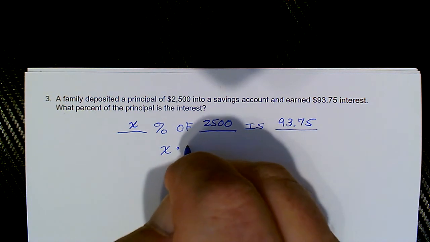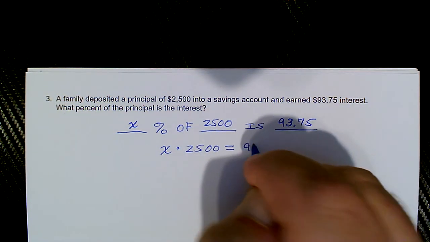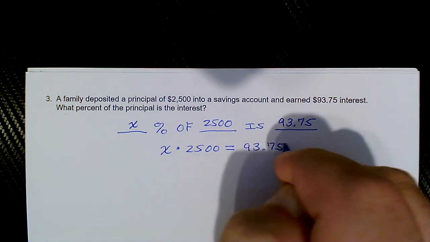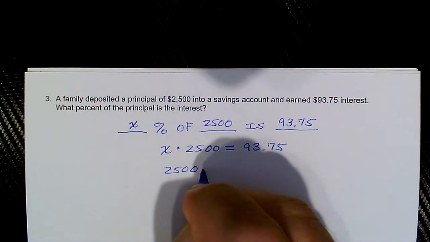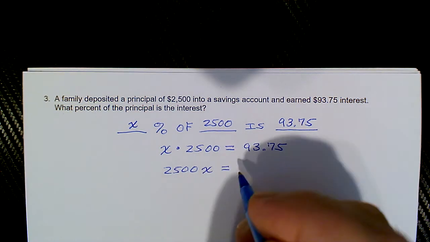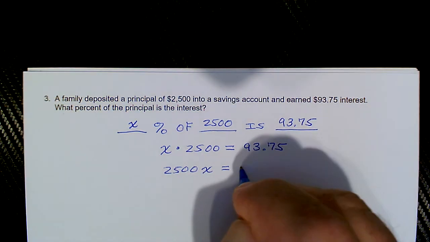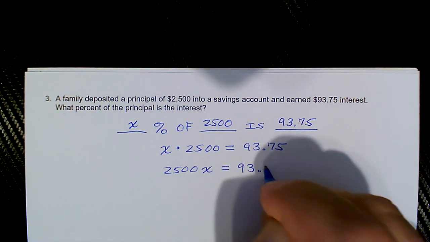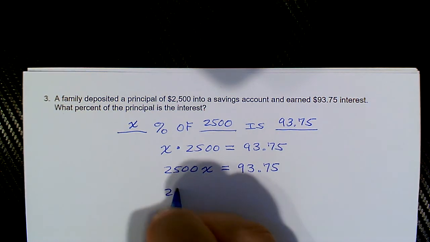So x of means multiplied by 2500 is means equals the 93.75. I'm going to take an extra step to rewrite this. As we know, we should always write the coefficient before the variable. So instead of x times 2500, 2500x, and the multiplication is understood, equals 93.75, and then just a division.